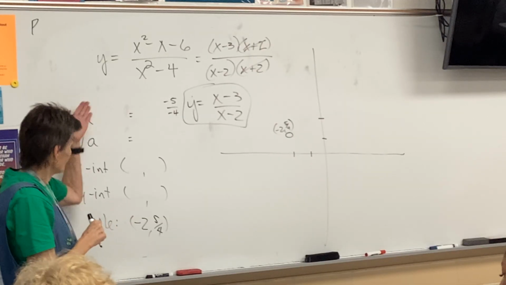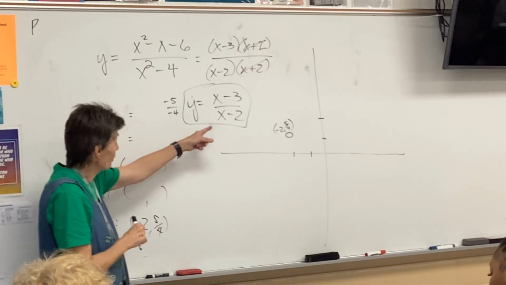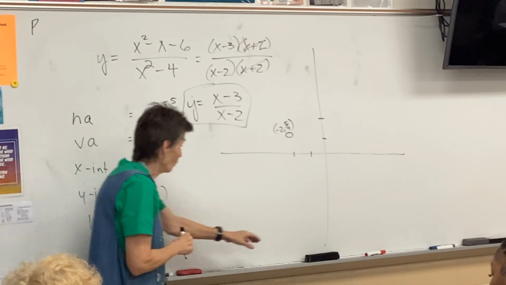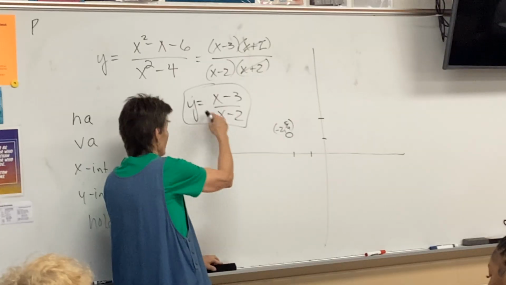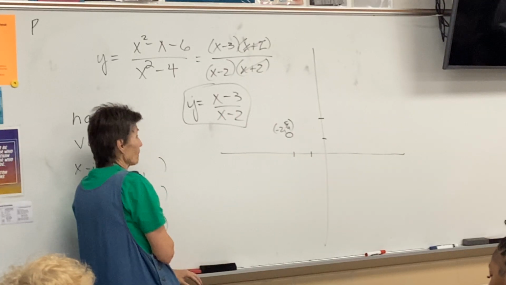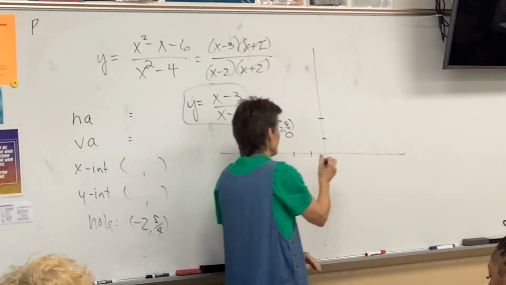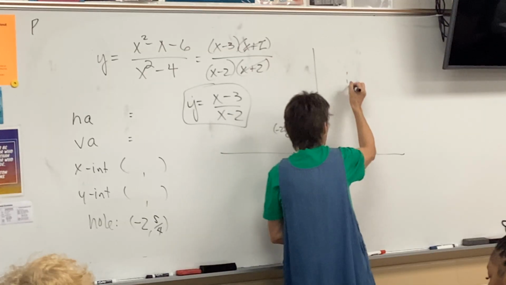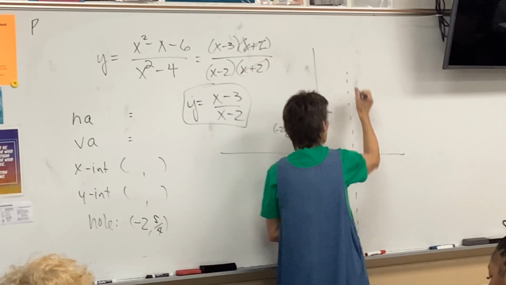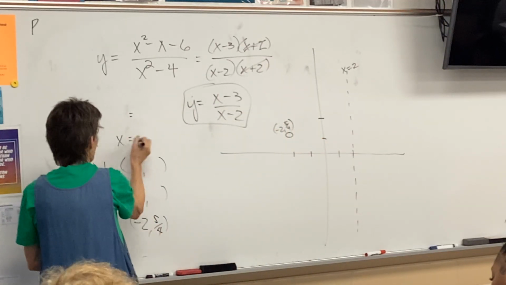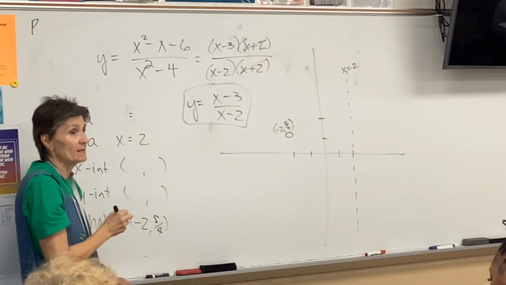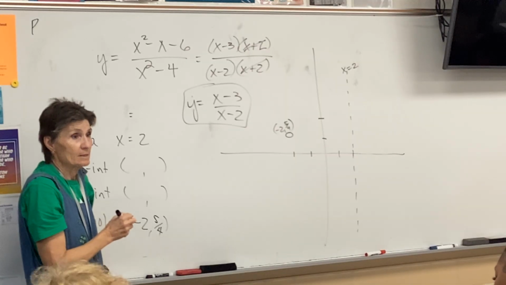So now you still have all the rest of this. So let's look at our problem right here. What else can we fill in? We have a vertical asymptote at x equals 2 because vertical asymptotes come from the denominator.